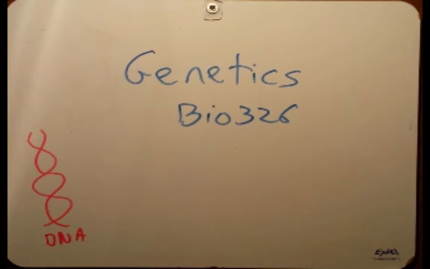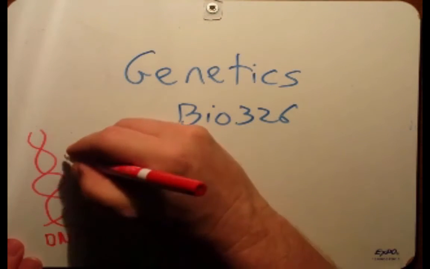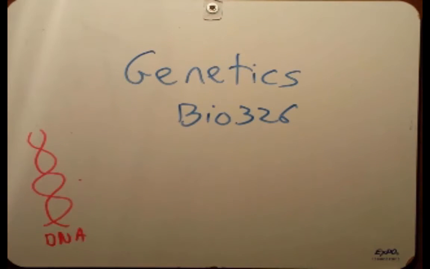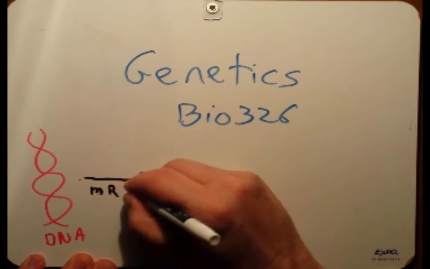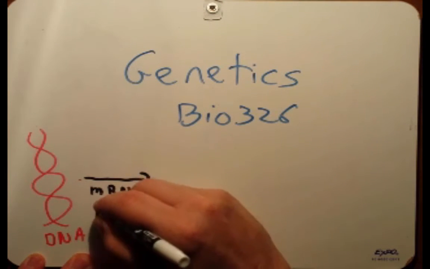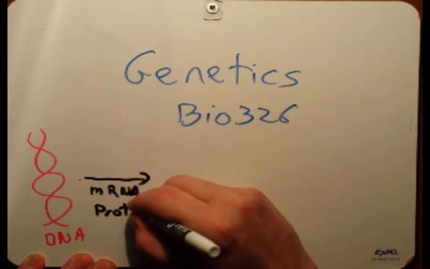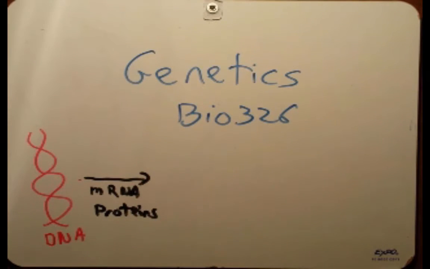We'll talk about rules that help regulate its shape and how the components of the DNA molecule will help us create specific traits through the process of making messenger RNA and proteins and other RNA molecules.